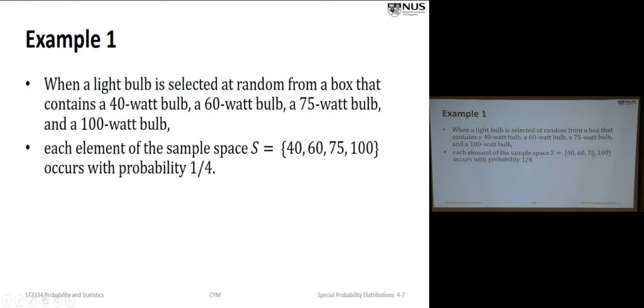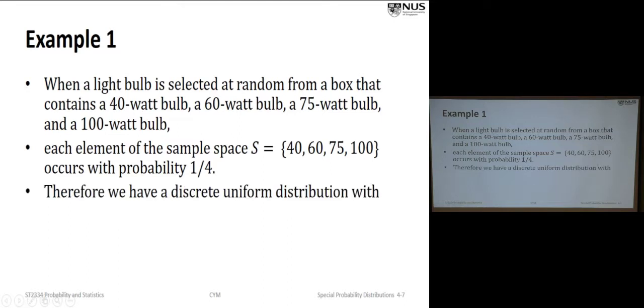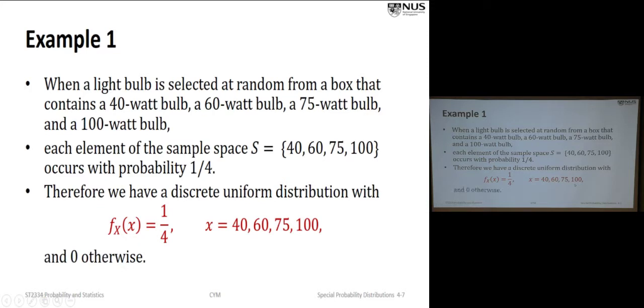These are the corresponding watts, how bright your light bulb is. So you can describe it using a probability function, f of x equal to 1/4, where x equals 40, 60, 75, and 100, and 0 otherwise.